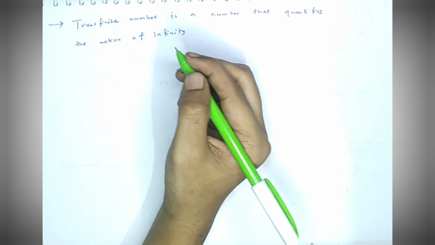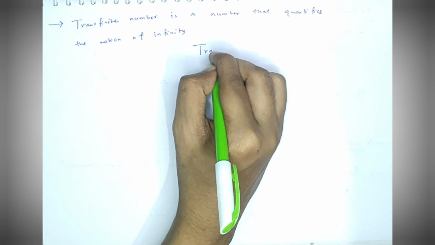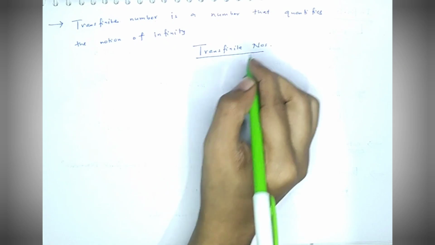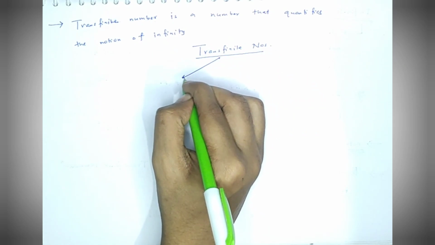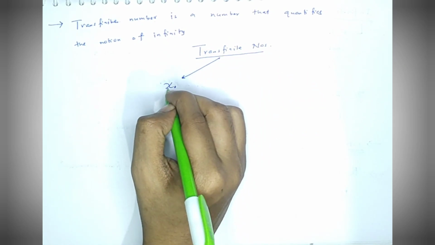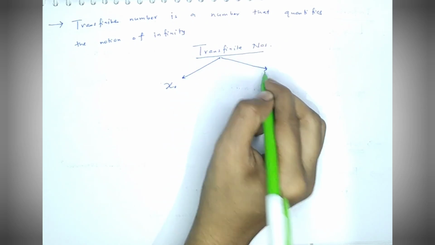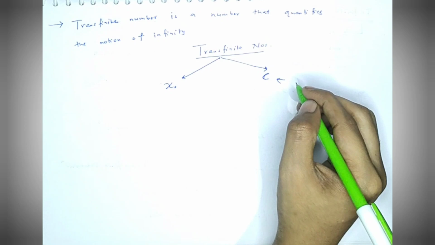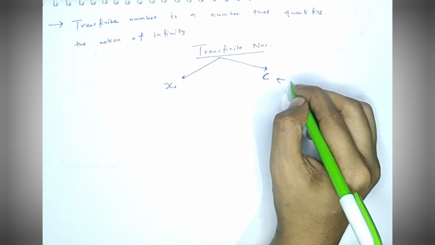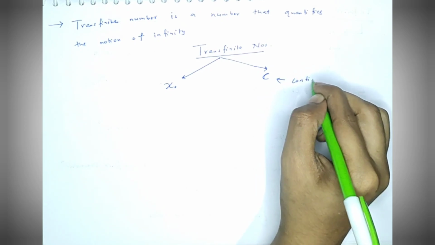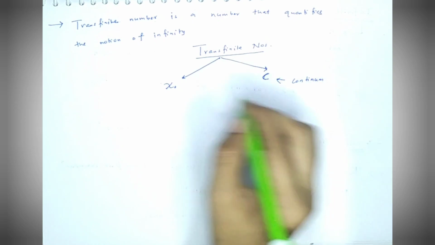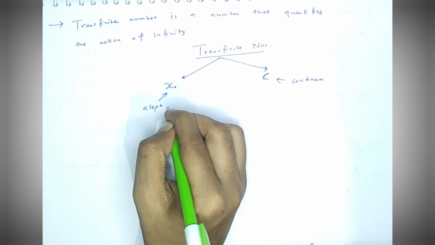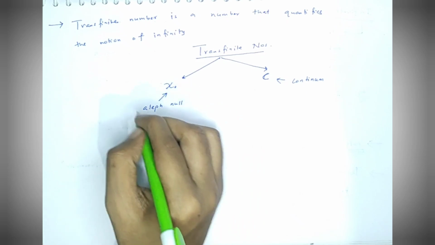We have two types of transfinite numbers. That is Aleph null, and second is the continuum, C. This is called the continuum, and this is called Aleph null, or Aleph naught.